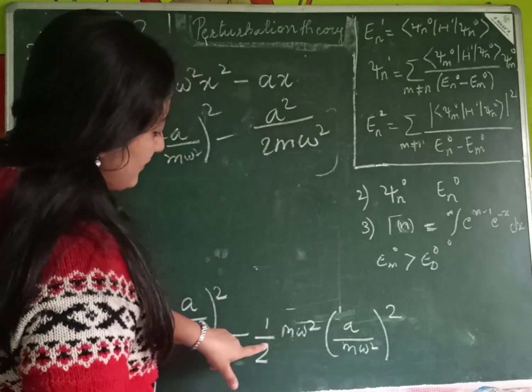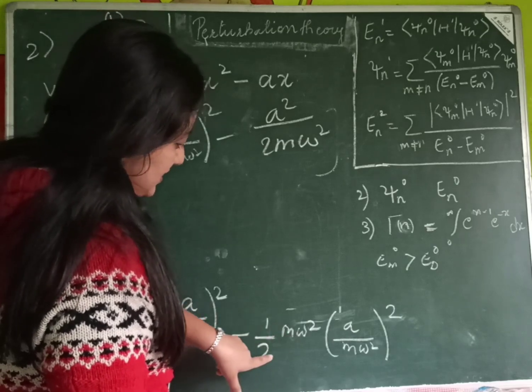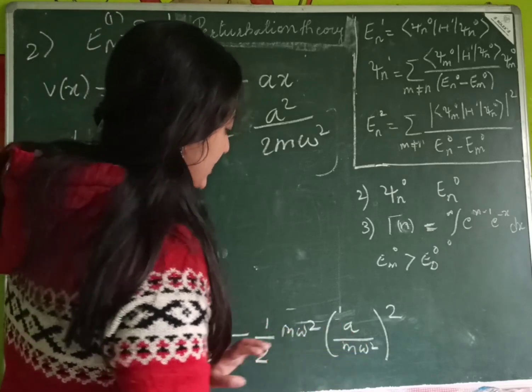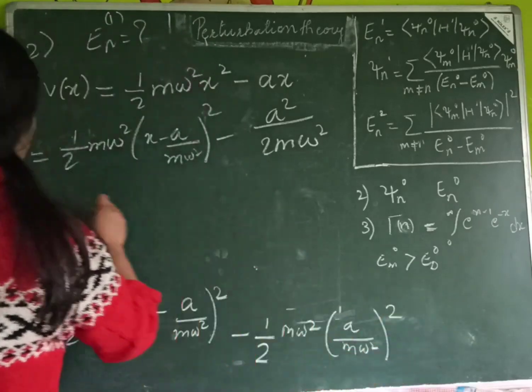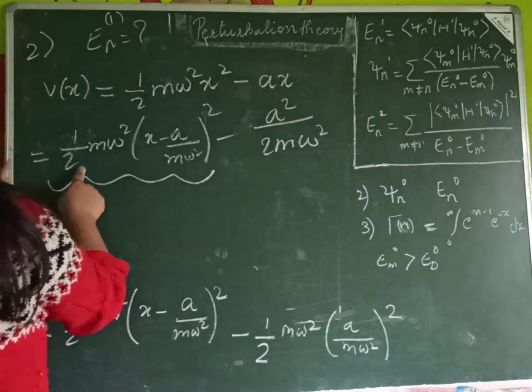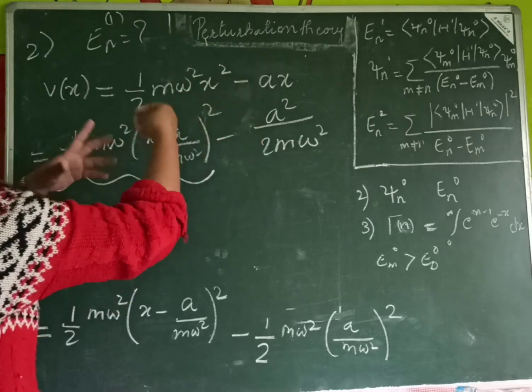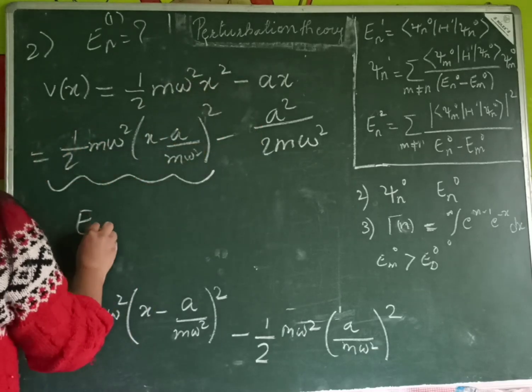So I've got half m, so that is m omega square. So that simply means I know the eigenvalue for this half m omega square x square, right? I know that.